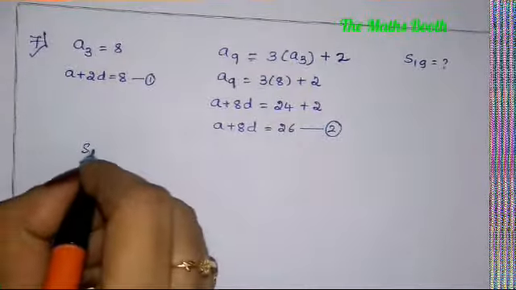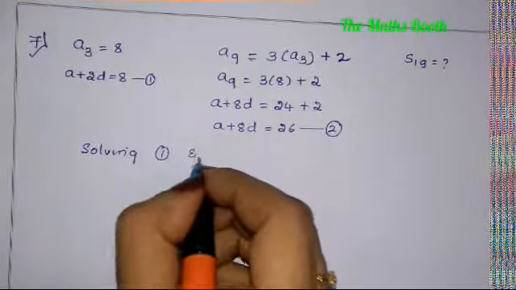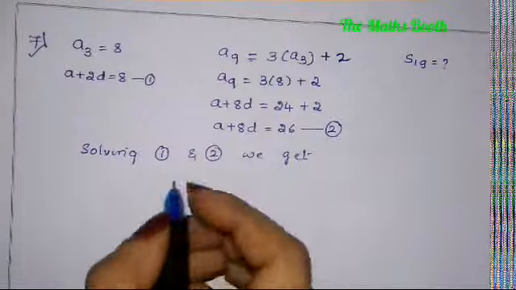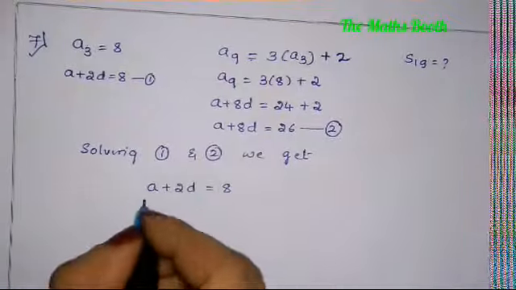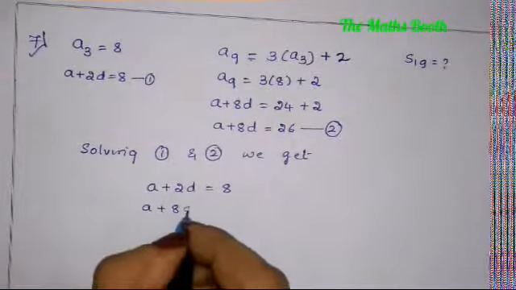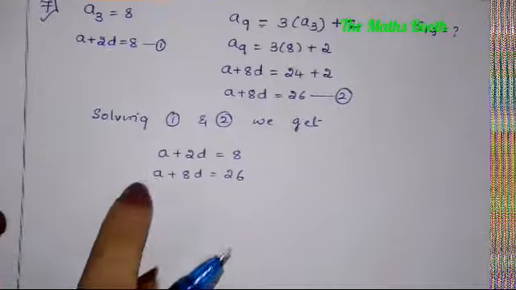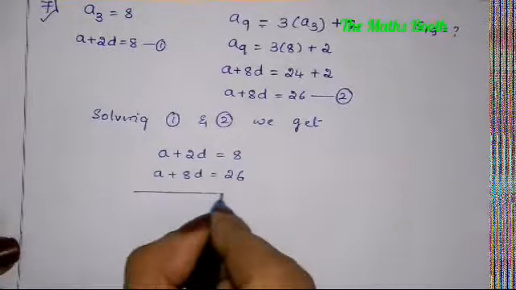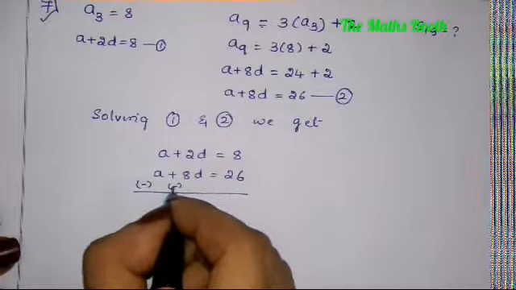Now solving equation 1 and 2. A plus 2D is equal to 8, and A plus 8D is equal to 26. Now we can see here the A terms are equal but both have positive sign, so we cannot cancel. So we'll change the sign: positive becomes negative.